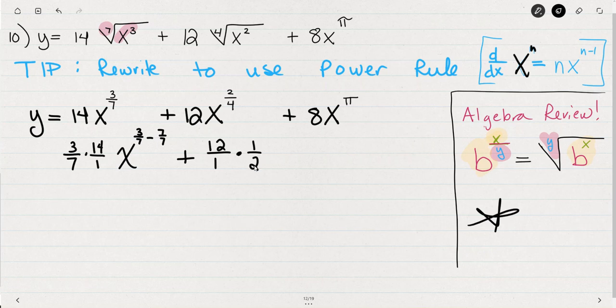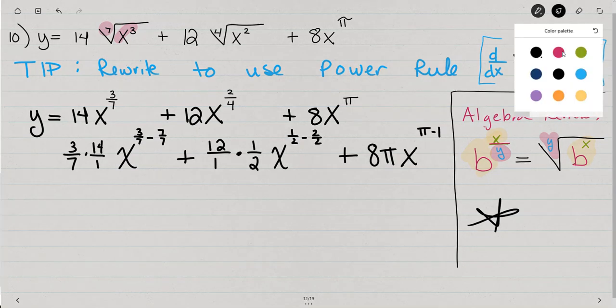You could write it 2 over 4 and it'll be fine, but I'm going to go ahead and simplify it here. X to the 1/2 minus 1. Don't be afraid of that pi, it's just a constant. So we've got plus 8 pi x to the pi minus 1.